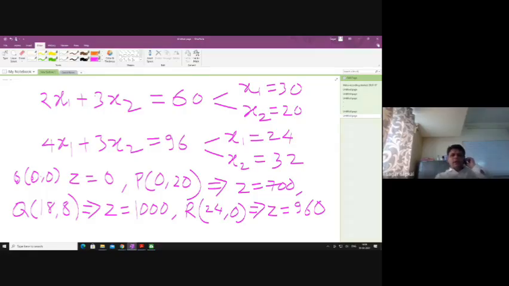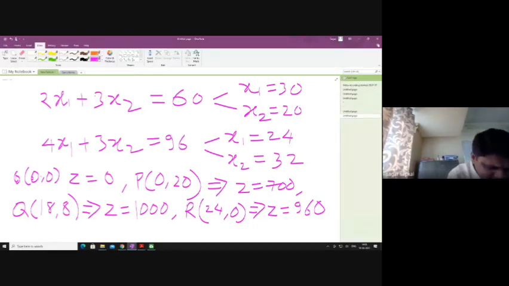Now tell me which particular point is giving you the maximum value of Z? Sir, point Q, 18, 8. Okay. So what is our solution?